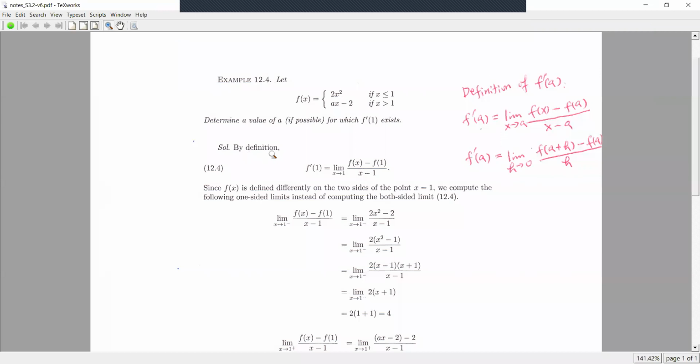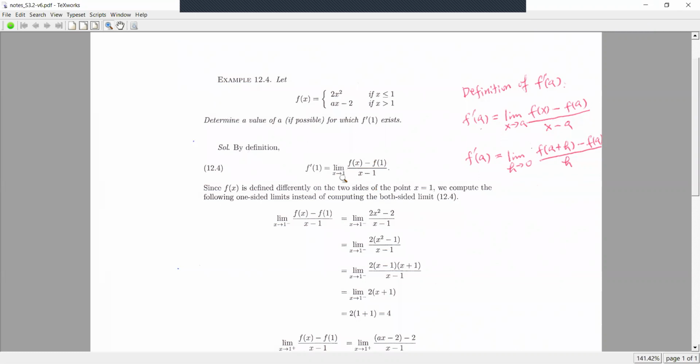By definition, the derivative f prime of 1 is this limit. This limit may or may not exist. If as x approaches 1, this fraction approaches more than one number, then this limit doesn't exist.